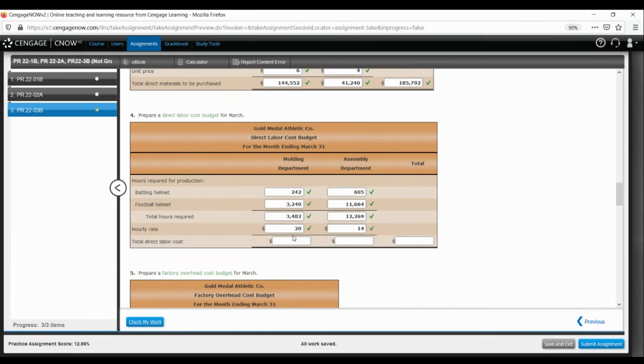And what's left is just to multiply the required hours by the hourly rate to get the total direct labor cost.